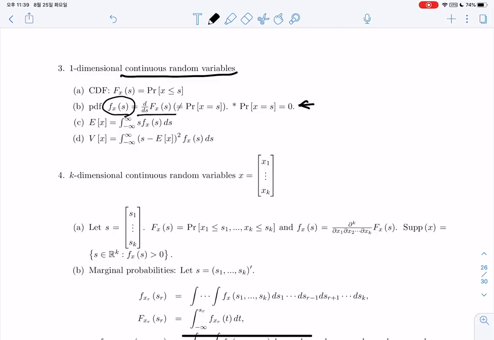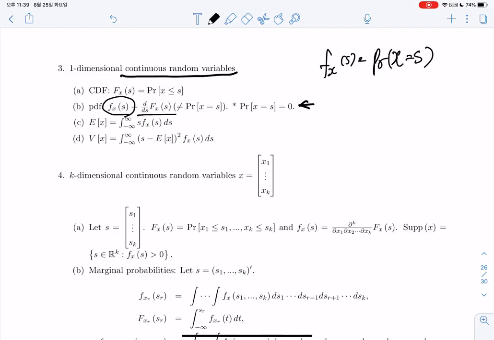Unlike the PMF case, where the PMF has a meaning that in the discrete case, f(x) of s means probability that x takes value s.